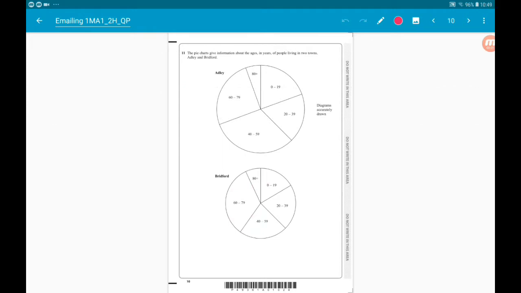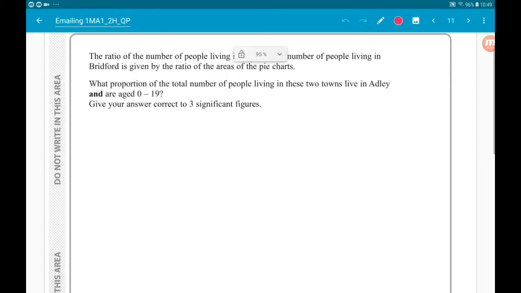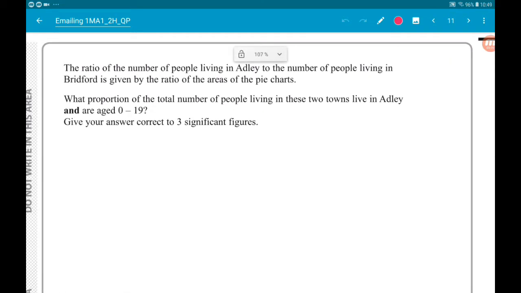Okay, number 11, the pie charts give information about the ages in years of people living in two towns, Adley and Bridgeford. And the question says that the ratio of the number of people living in Adley to the number of people living in Bridgeford is given by the ratio of the areas of the pie charts.